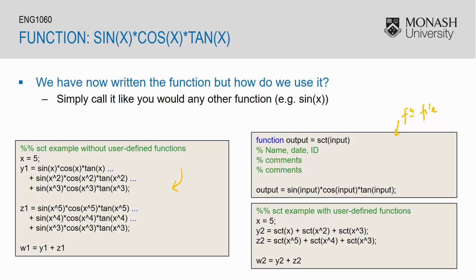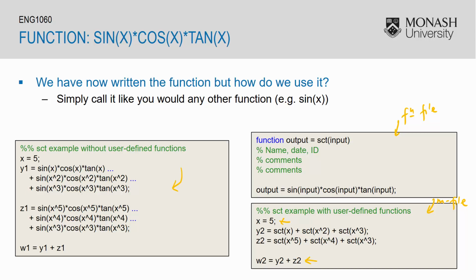So this is a separate M file, and here I've defined what x is. So x is equal to 5. y2 is equal to SCT of x plus SCT of x squared plus SCT of x cubed. And similarly, the equation for z2. And at the bottom, I've added them together.